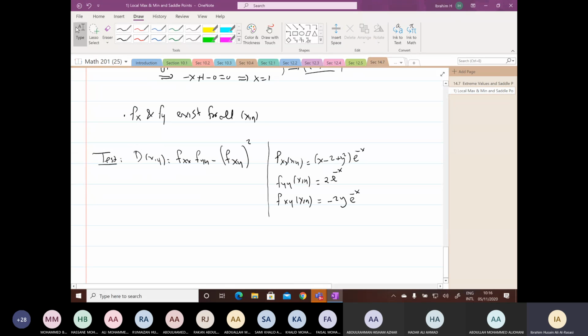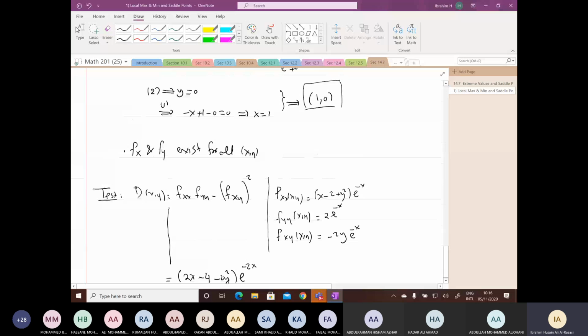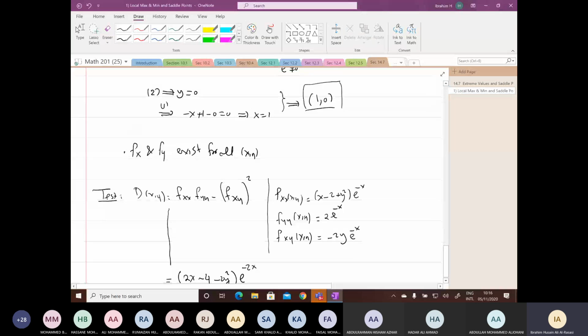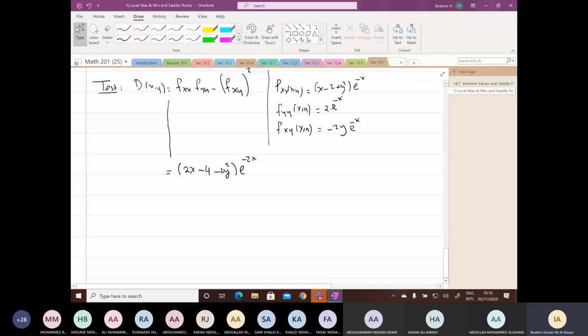Now substitute in the discriminant. When you substitute and simplify, you get (2x minus 4 minus 2y squared) e to the minus 2x. Now check the sign of the discriminant at the critical point (1, 0).